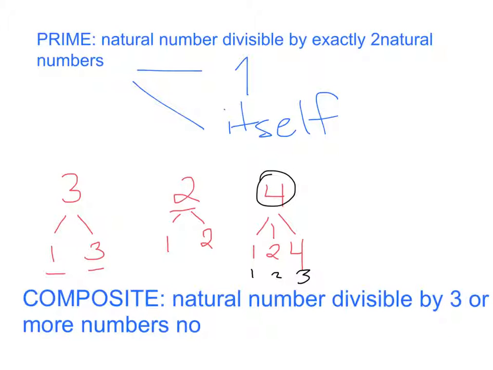It has numbers 1 and 3 that can divide into it evenly. 2 is a prime number because it has two natural numbers divided into it evenly, 1 and 2. And 4 is a composite number, divisible by 3 or more numbers. In this case, we have 3 numbers.